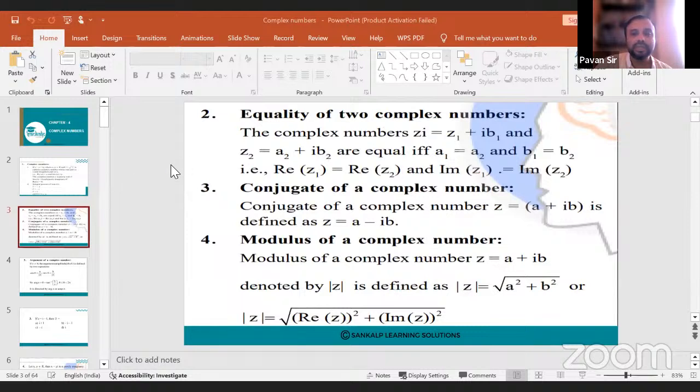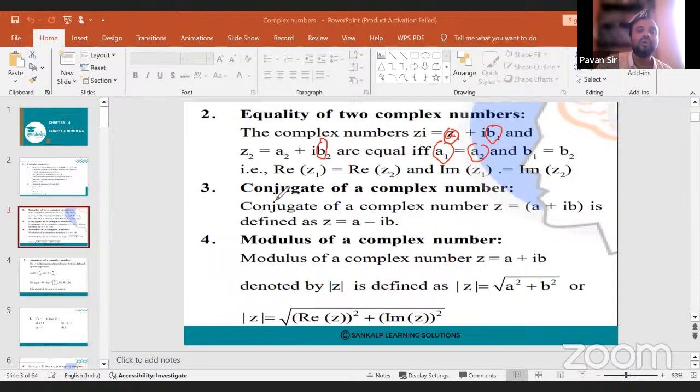Then if a1 is equal to a2 and b1 is equal to b2, the real part of z1 is equal to the real part of z2, and the imaginary part of z1 is equal to the imaginary part of z2.